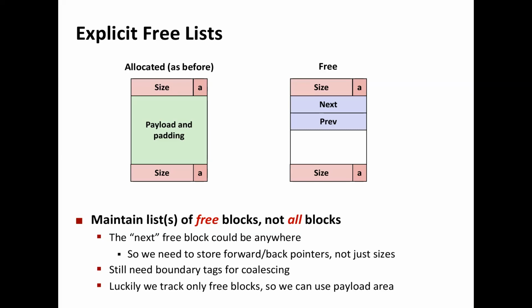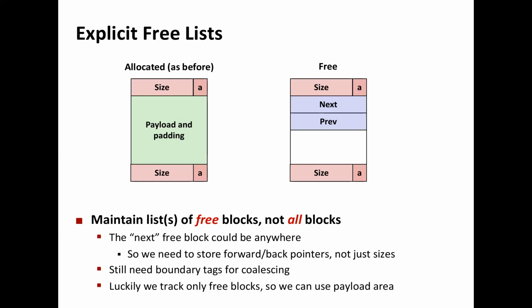Okay, so we're going to keep next and previous. By the way, maybe so far when you dealt with lists, you would have to allocate nodes explicitly. This is something different here. We don't actually allocate any special place for this list or for the nodes of the list. When the block is allocated, there is no point to keep track.